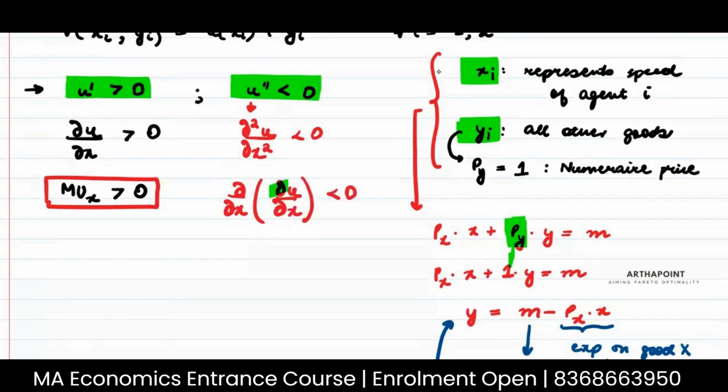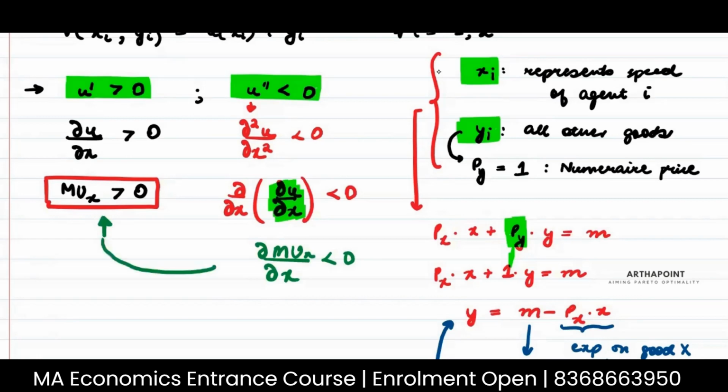Del U by del x is just marginal utility, so I'm saying the derivative of marginal utility with respect to x is less than 0. Which means although every additional unit increase in speed gives me positive utility, that additional utility is declining.